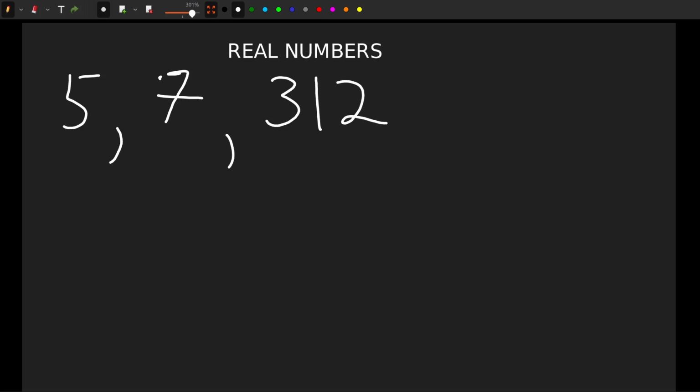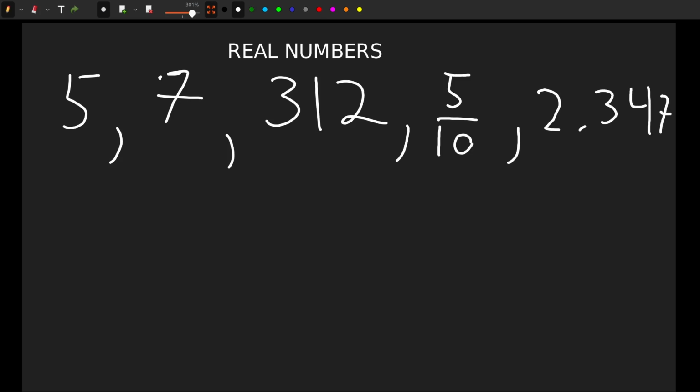Also any fractions such as 5/10, or a decimal such as 2.347. Those are also real numbers.